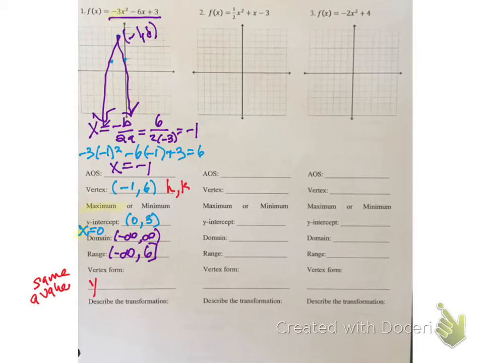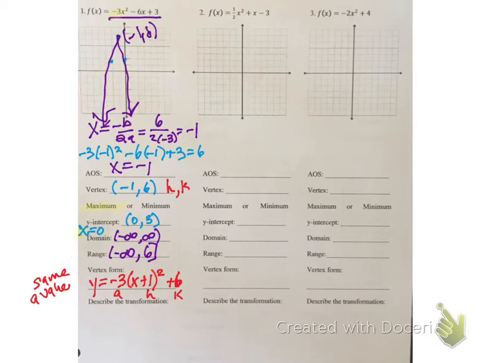So I would say y equals, my a is negative 3, parenthesis, x minus h, so plus 1, squared, plus 6. So my h and my k go here, and my a value stays the same.